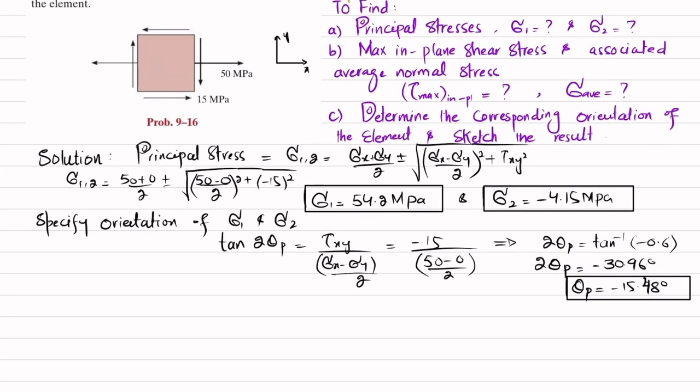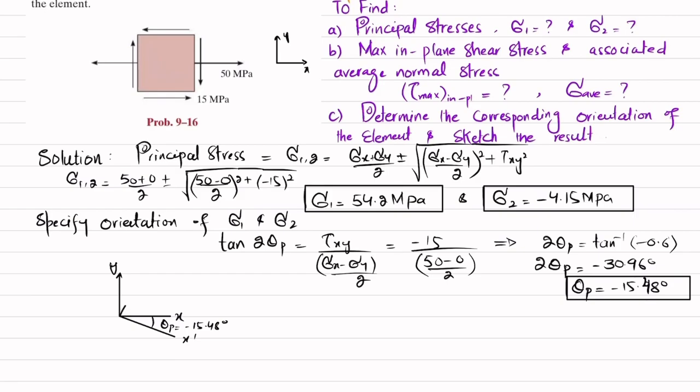Now we know that this was your initial x-axis and this was your y-axis, clear. And when you rotate it minus 15.48 degree, so your x dash, this is theta p, and that is minus 15.48 degree.